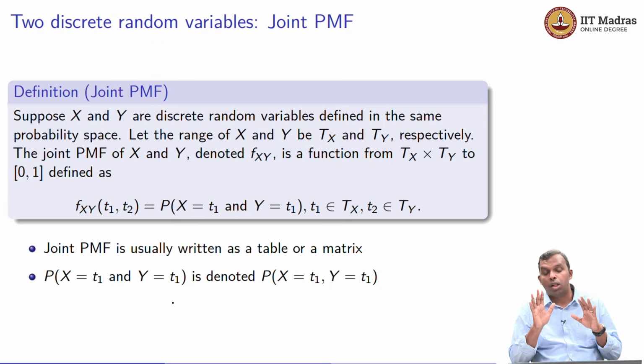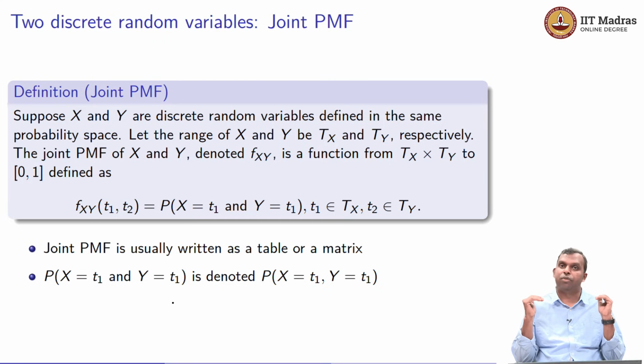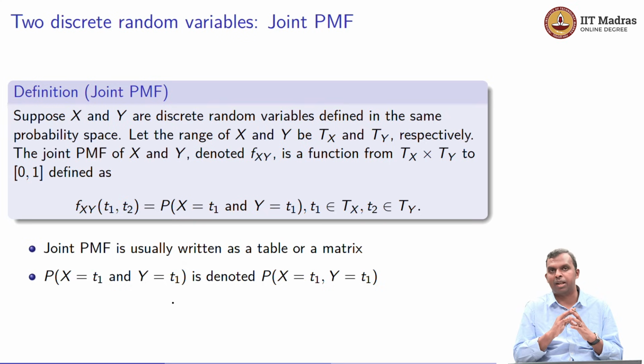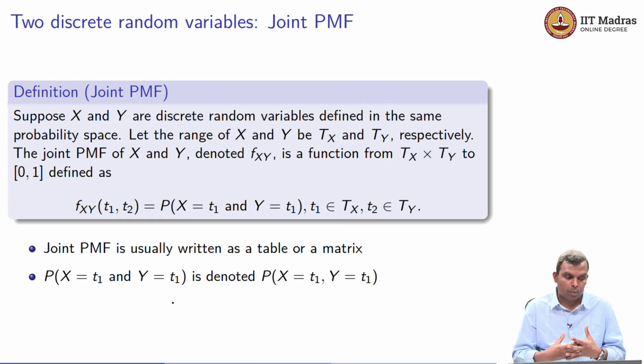Now contrast this with the PMF itself. PMF was for one random variable, there was a range for that random variable. For every value in the range, the PMF of that point is simply the probability that X equals t. Now in the joint PMF we have two random variables, so clearly we need t1 and t2, one coming from the range of X, the other coming from the range of Y, and the joint PMF simply assigns the probability of X equals t1 and Y equals t2.